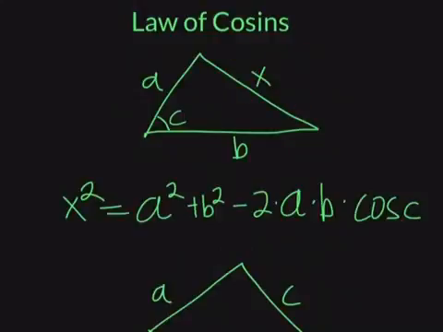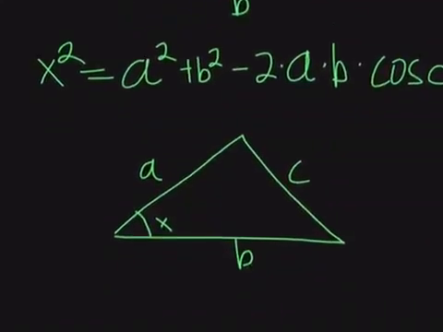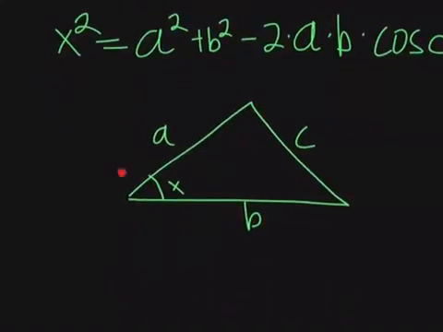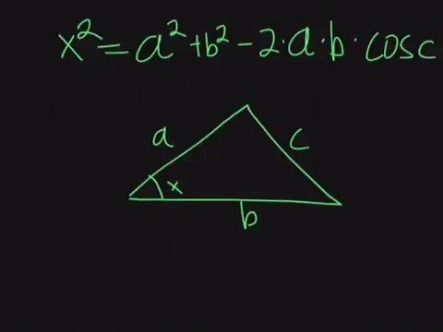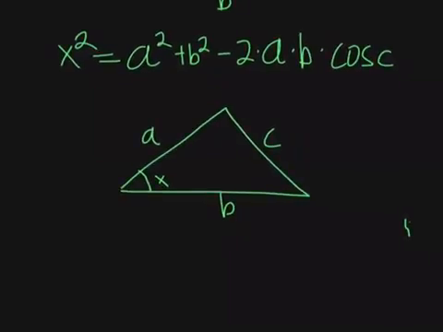And now we're going to use the law of cosines to find the missing angle, which is here. Like before, we're going to write the same equation, but the x is going to be where the c was for cosine. So it's going to be c squared, because the c is the side that is opposite to the angle given.